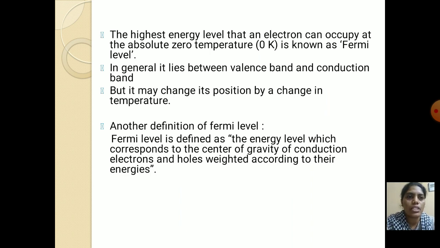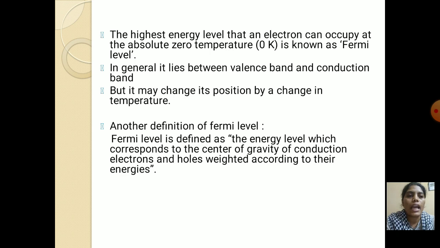Absolute zero temperature is nothing but 0 Kelvin. In general, it lies between the valence band and conduction band, but it may change its position with a change in temperature.